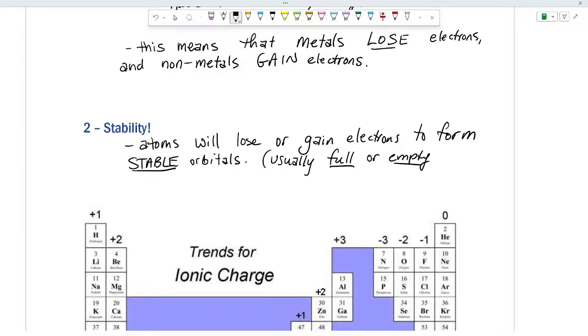And usually that means full or empty. There are exceptions. The middle of the periodic table gets weird. Those orbitals are so big that there's different ways to make them stable. But for the most part, it means we're talking about full or empty shells.